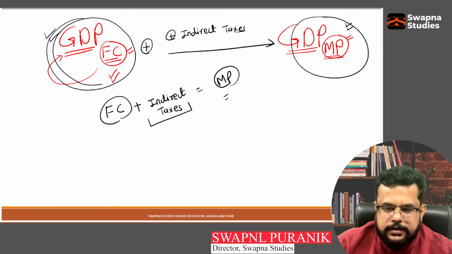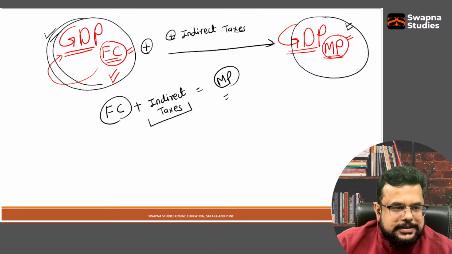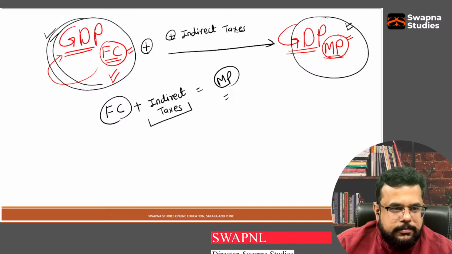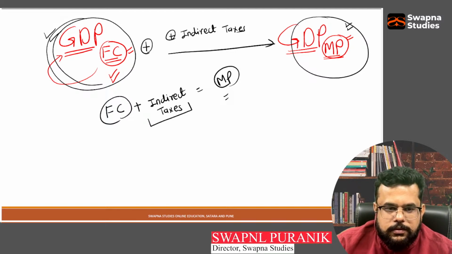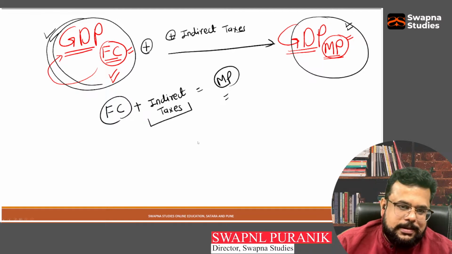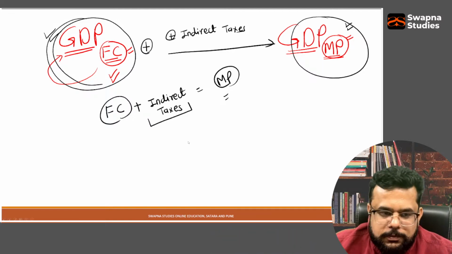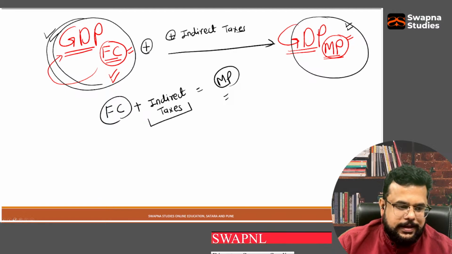Yes, correct. You can participate in this discussion. You can comment in comment box if you have a doubt. Okay, GDP at factor cost, इसमें जब आप indirect taxes ऐड करोगे तो आपको GDP at market price मिलेगी.